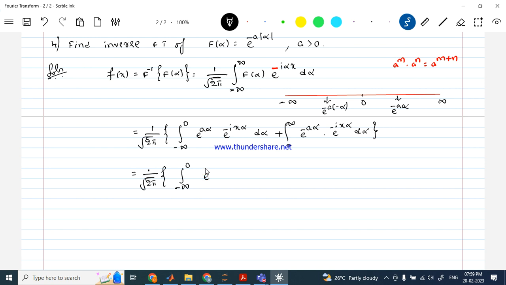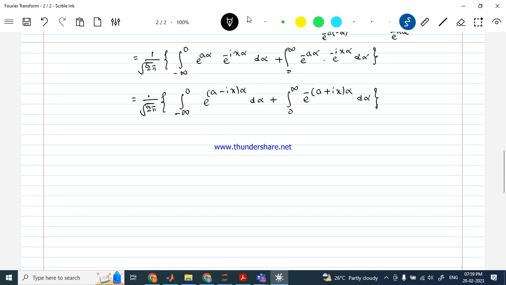So it is e power a alpha minus ix alpha. So from these two, alpha is common, so a remains in this, minus ix in this expression, alpha d alpha, plus from 0 to infinity, it's e power minus alpha is common here, a plus ix alpha d alpha.